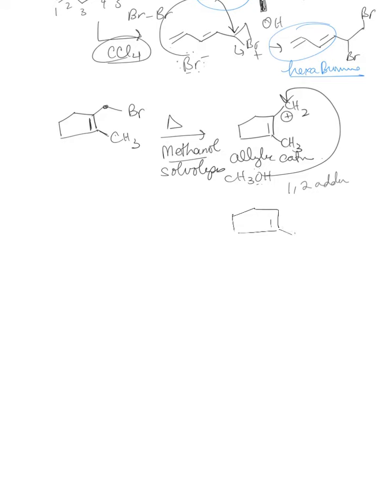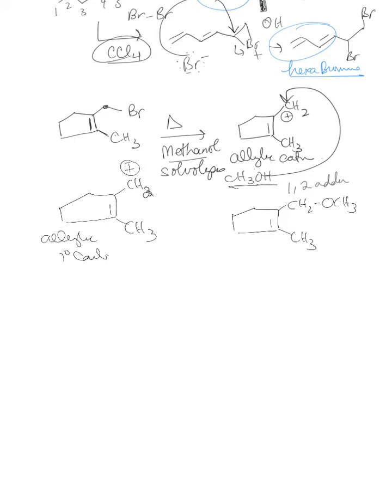So you can get CH2OCH3 coming in from methanol, but you could also get, let's draw our allylic primary. So this is an allylic primary carbocation.